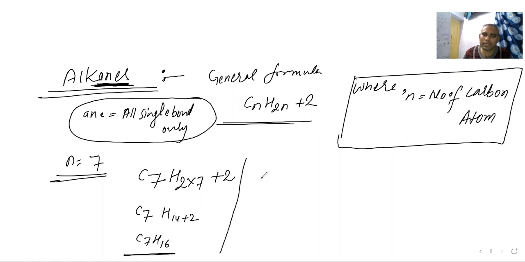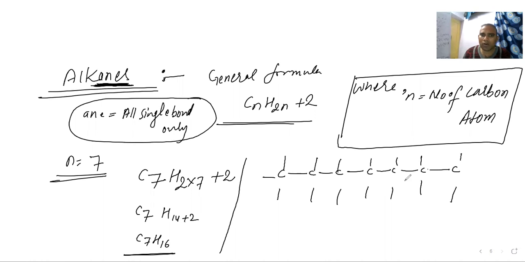Now you see, if you are writing the complete structure, 1, 2, 3, 4, 5, 6, and 7 carbons are there, with single bonds at all places. Then there are how many hydrogens? 16. We have to put them all: 1, 2, 3, 4, 5, 6, 7, 8, 9, 10, 11, 12, 13, 14, 15, 16.